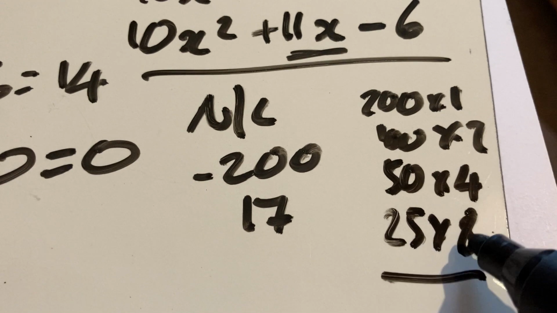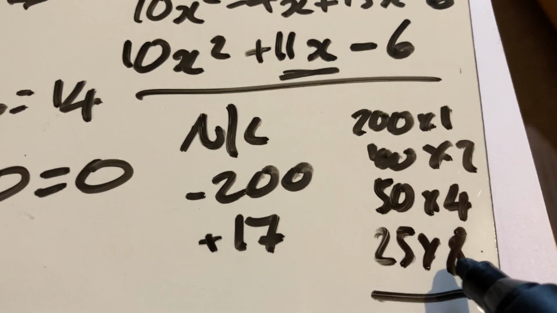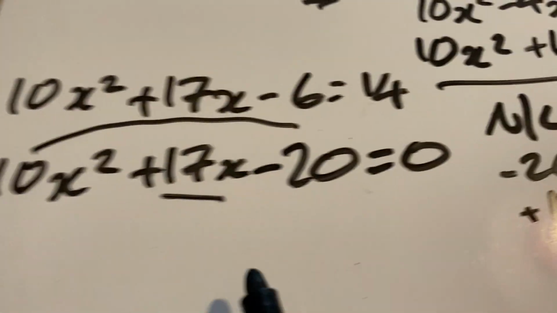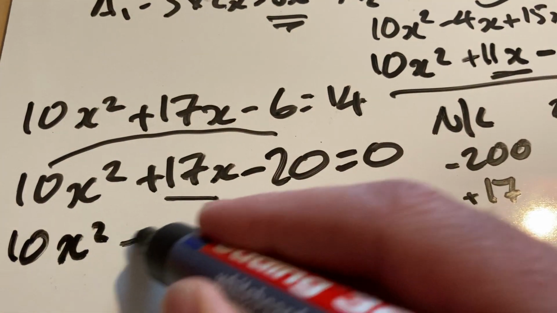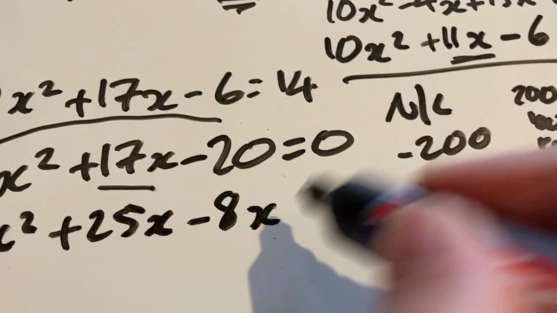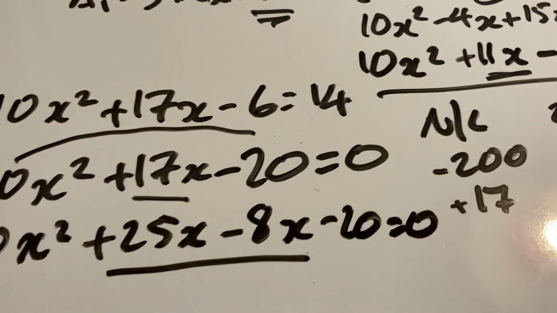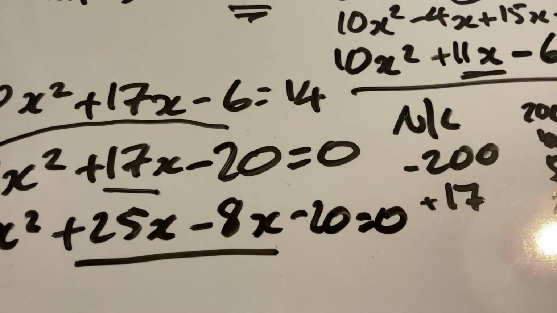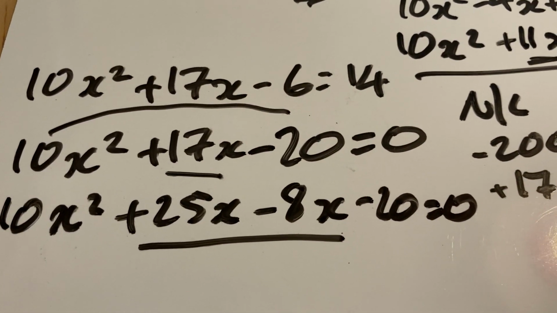If I do 25 minus 8, not only will I get 17, but I'll also have a difference of signs. So I can do 10x squared plus 25x minus 8x minus 20 equal to 0.